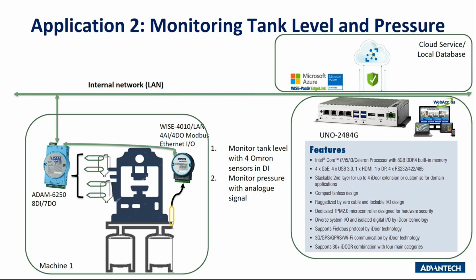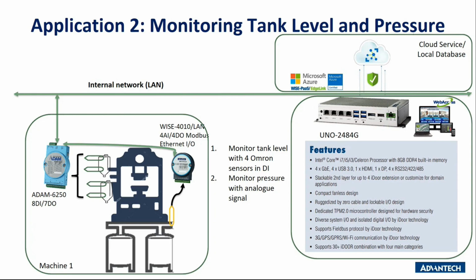And from here, we can have the second application. This is to monitor the tank level and the pressure. For this equipment, it is crucial that they know whether the tank is at a low level or high level, and this time we are using this ADAM 6250 because the sensor comes with a digital signal.